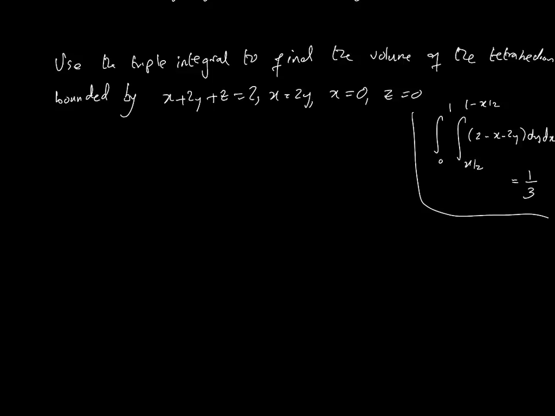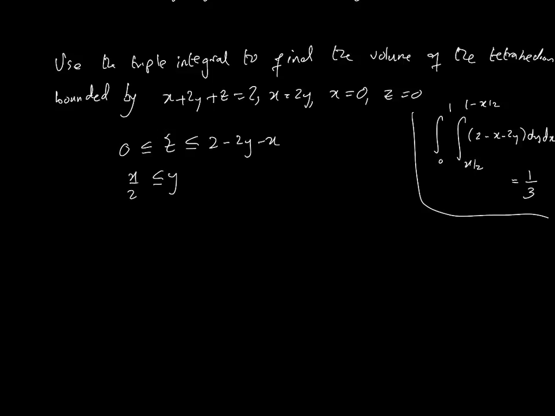Now, as a triple integral, the way we would do this is essentially, we would say, well, our z range of values from the first expression is going to be z equals 0, and it goes up to 2 minus 2y minus x. So those would be your range of values of z. Your values of y would still be the same.